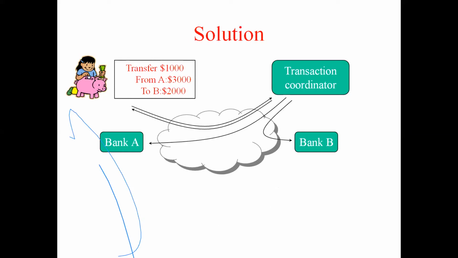So there needs to be a transaction coordinator which will see whether the transaction has taken place at both A and B. The transaction has 2 parts, debit at A and credit at B. Not only debit at A, but also credit at B. If both of them are done, then that means my $1,000 have been transferred.